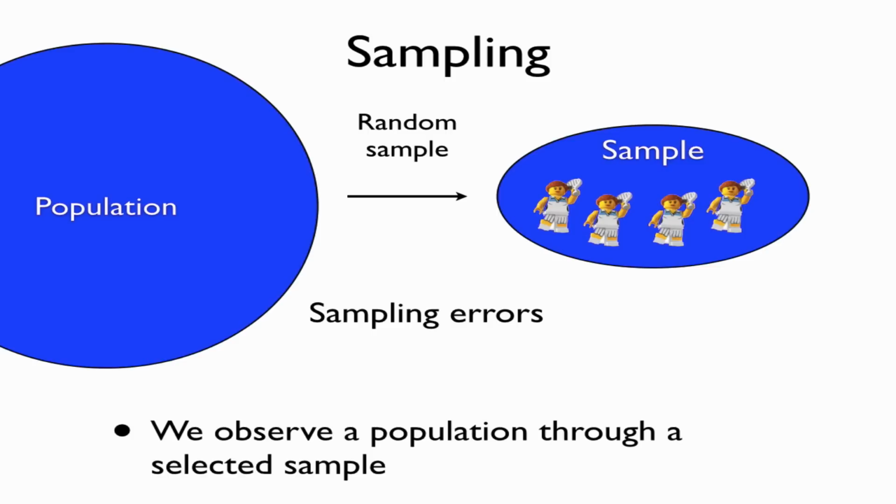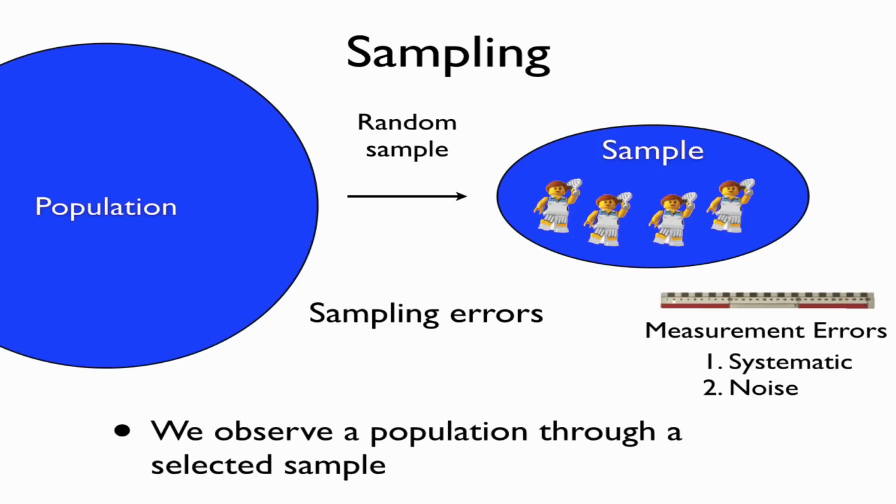This is unfortunately not the only kind of error that we introduce when doing this kind of experiment. We also have to deal with measurement errors, both in the form of systematic measurement errors, due to the fact that our measurement systems might not be well calibrated enough, or different types of sampling noise, random noise.